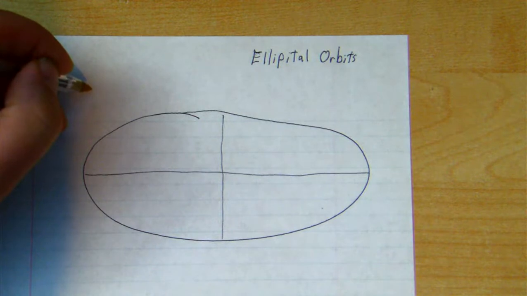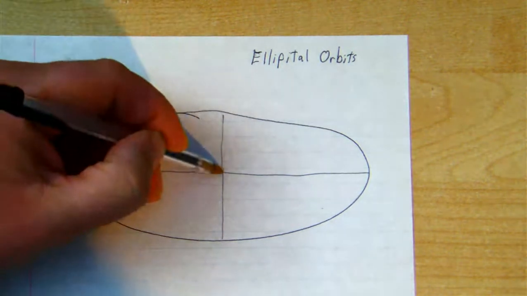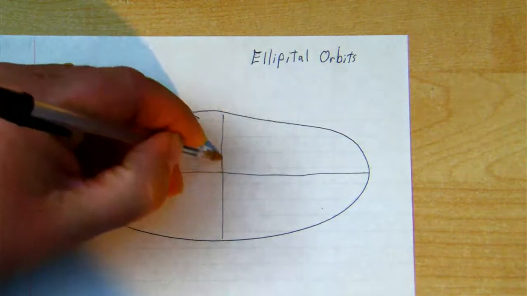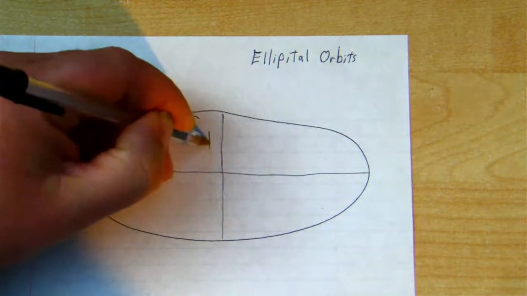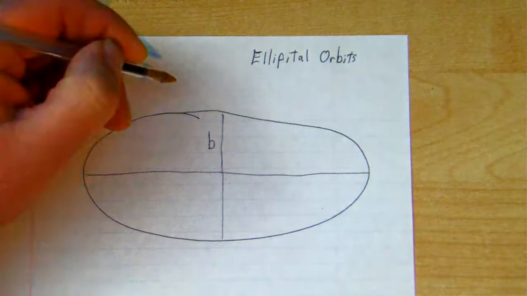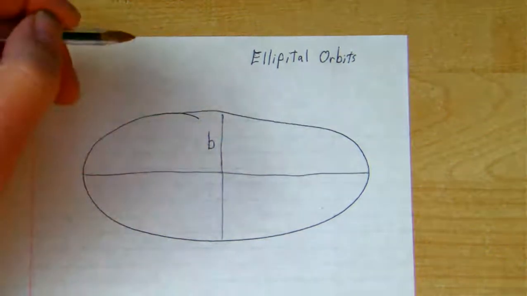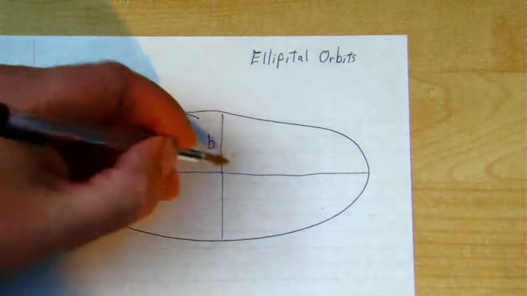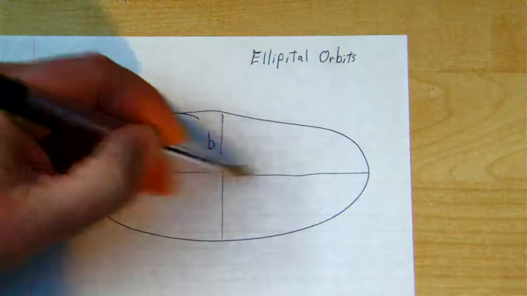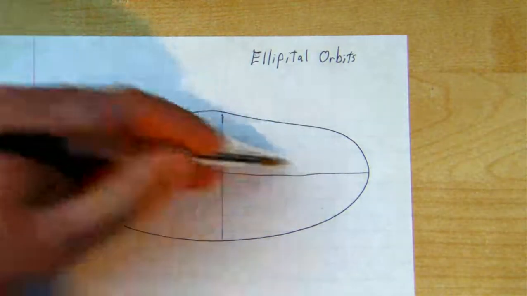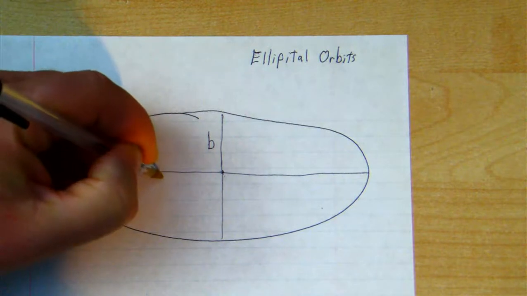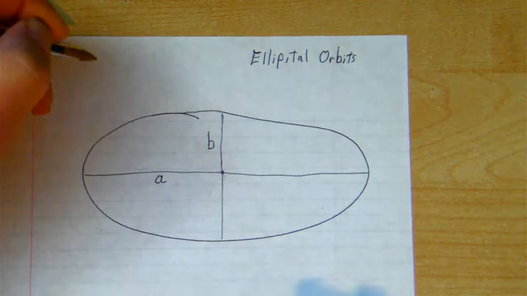And interestingly enough, half of the minor axis is called the semi-minor axis, and we represent that usually with the variable lowercase letter b. We don't care about b in our calculations. What we do care about is half the length of the major axis, and the symbol that we use to represent that is lowercase letter a.